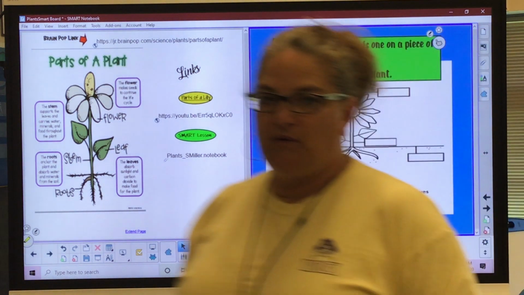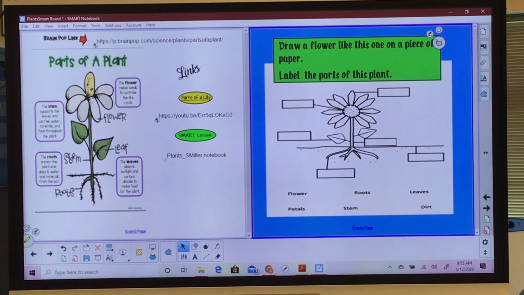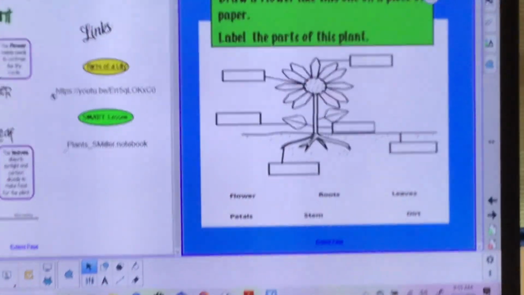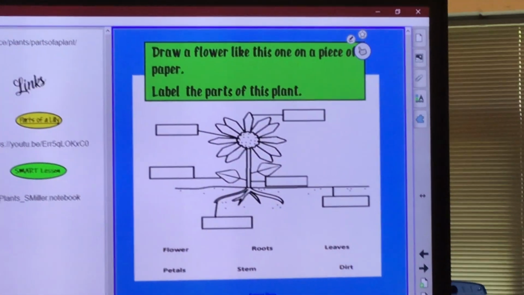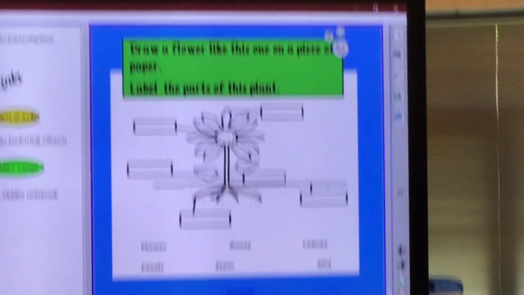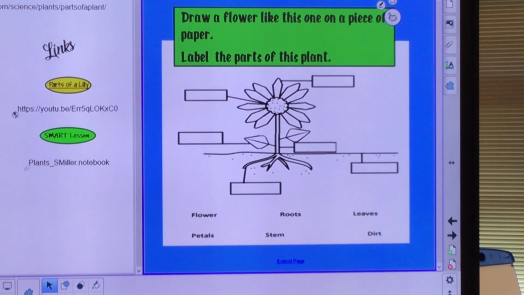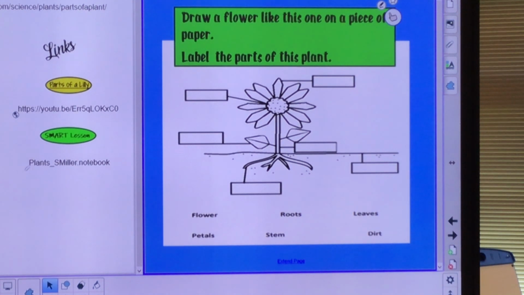So again, I'm going to enlarge it so that you can see it. I want you to pause the video so that you can look at this for just a second. And go ahead and draw out your picture, look at your words that you need to use, and then go ahead and complete this activity. When you're finished, unpause it and we'll continue.